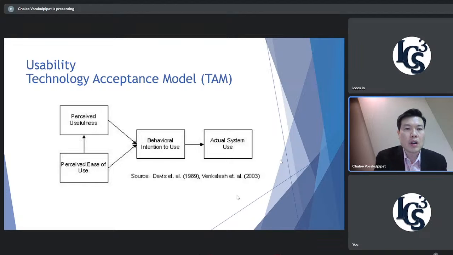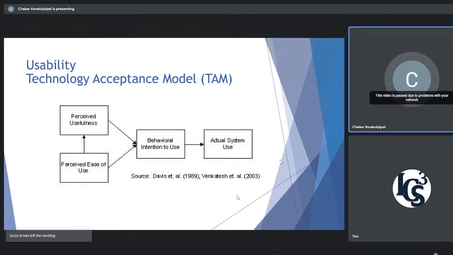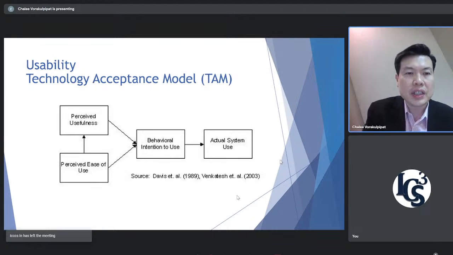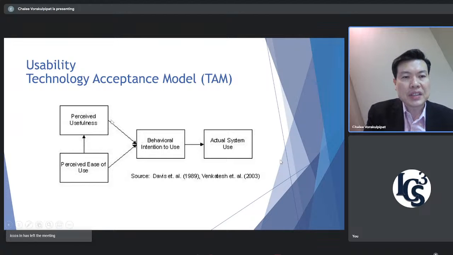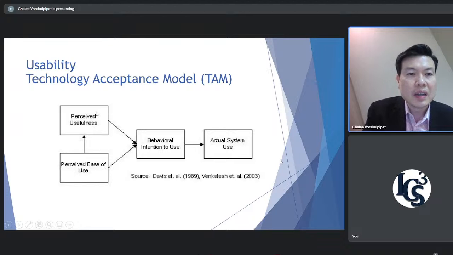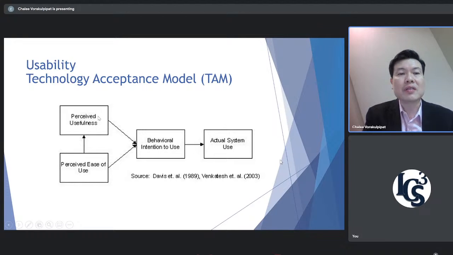That's why we have this model. It is called the technology acceptance model, or TAM model. As you can see here, the system must be useful. We highlight this word, perceived usefulness, because we believe it is useful. And the next one, perceived ease of use, because we believe the system must be easy to use.